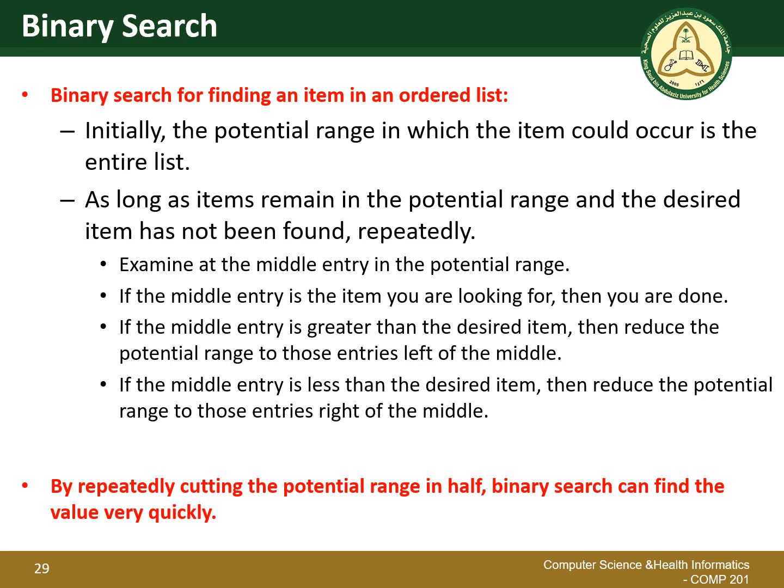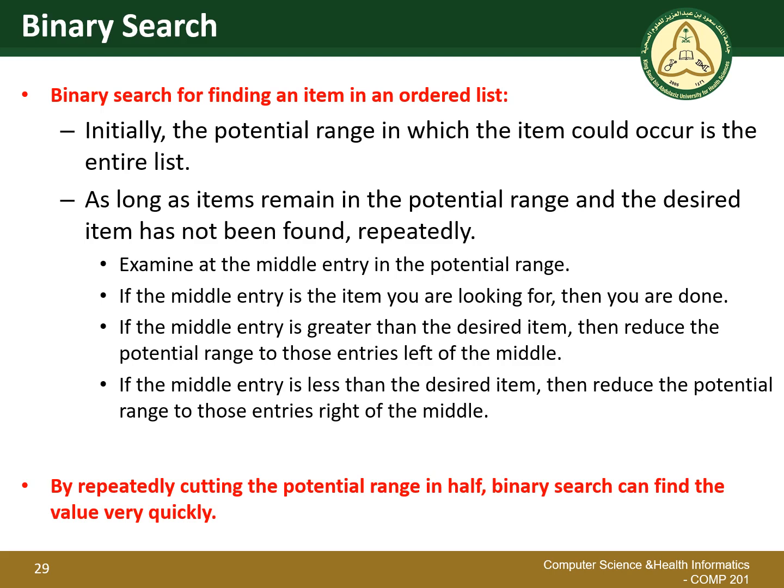So we will repeat. First, examine the middle entry of the potential range. If the middle entry is the item you are looking for, then you are done. If the middle entry is greater than the desired item, then we will cut or reduce the potential range to those entries left of the middle.